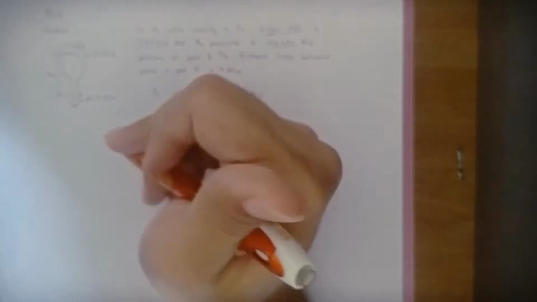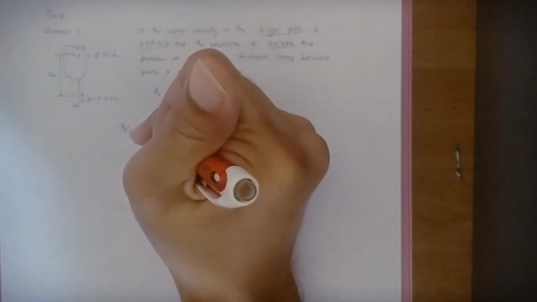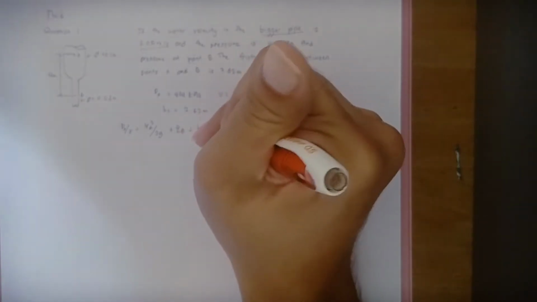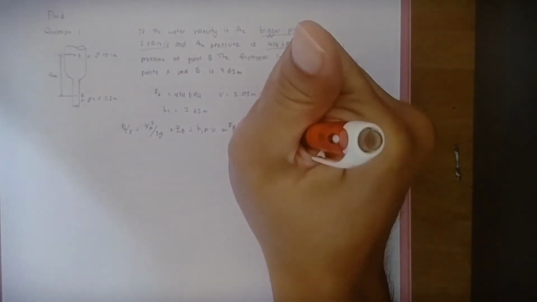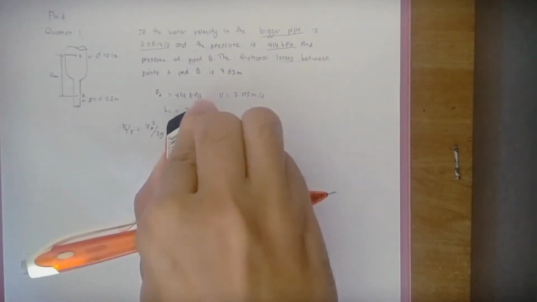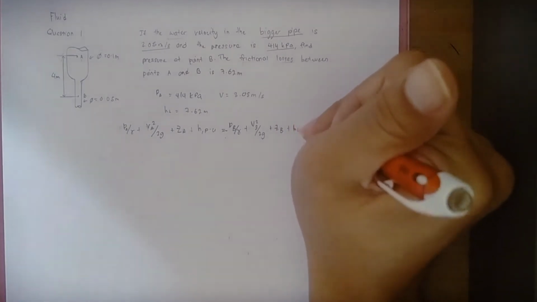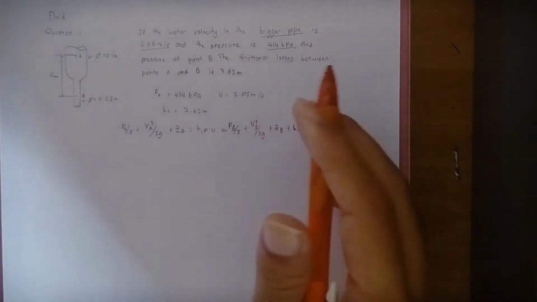And then write the Bernoulli equation. PA over lambda plus VA squared over 2g plus ZA plus HP minus HT minus HL equals PB over lambda plus VB squared over 2g plus ZB. Then cut down all the unused formula.